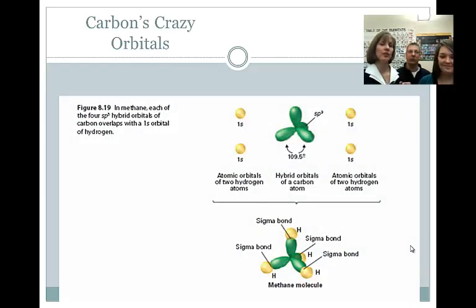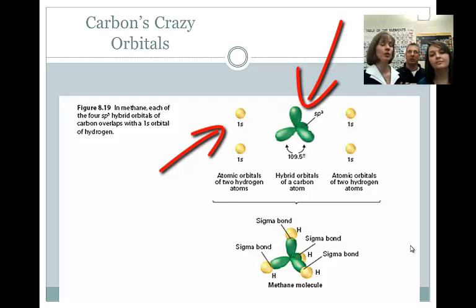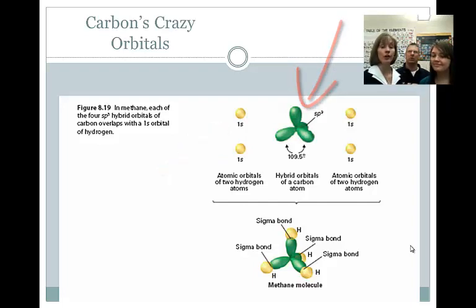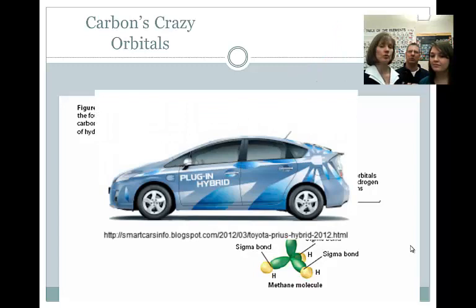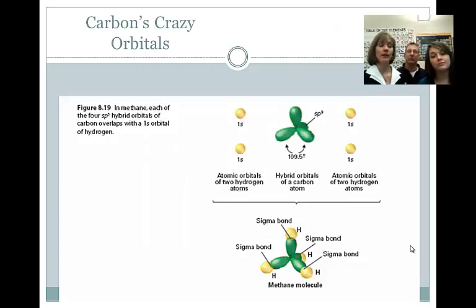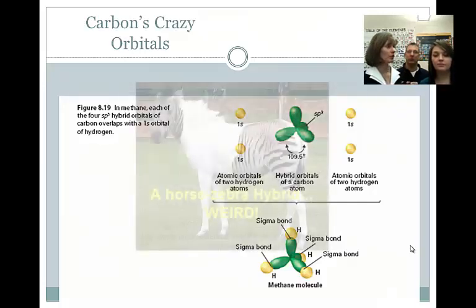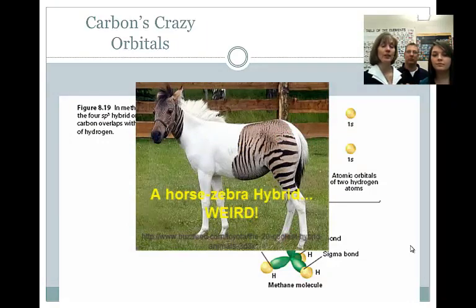Alrighty, so this is a diagram of how that would come about. sp3 hybridization, you know, chemists are not very creative when it comes to naming this, so it's an s merging with three p orbitals. And you may know a little bit about hybrid cars, where they have two different fuel supplies that are powering the car, or hybrid plants, since there's a lot of that hybridization that goes on in the orchards out here in Chesterland, and we can blend characteristics of two similar but different things together to make something more desirable.